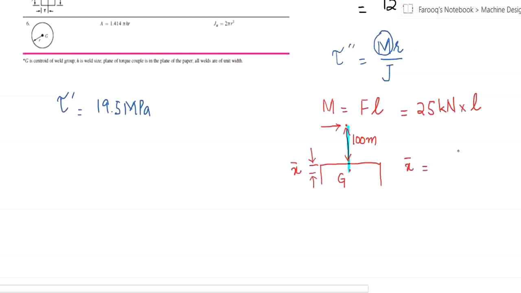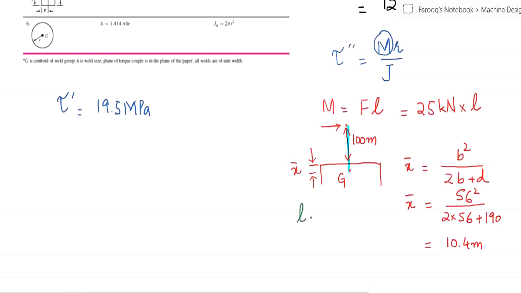X bar is equal to b square over 2b plus d, and b square is 56 square over 2 into 56 plus d 190. So this comes out to be 10.4 mm.